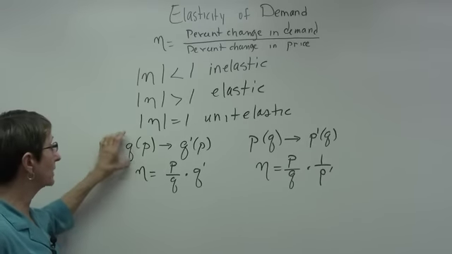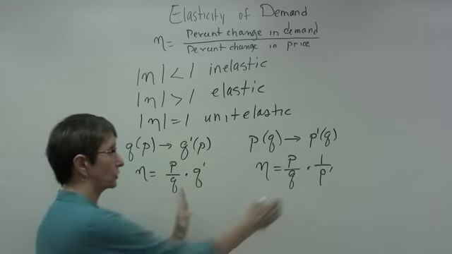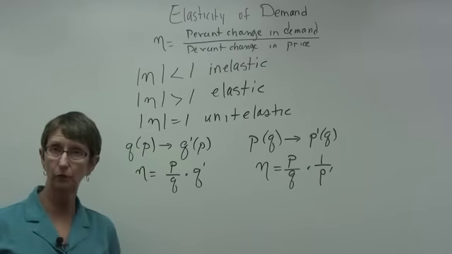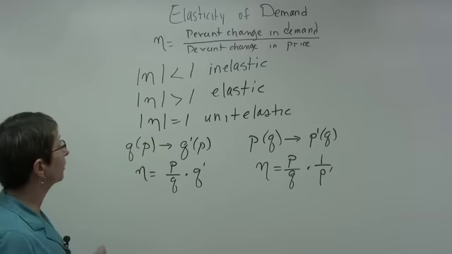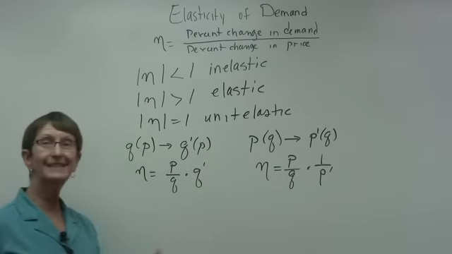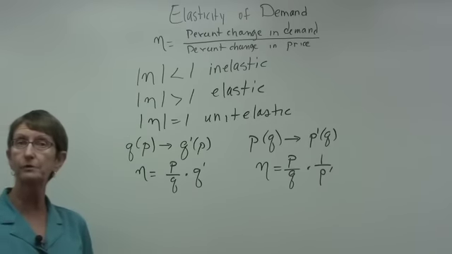So depending on the way your original function is written, you have two different formulas you have to use to find the elasticity for a function. And we are going to look at a couple of different problems, one of each, so you get some practice using both of those types of formulas.